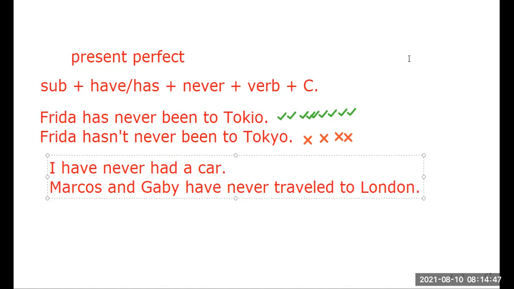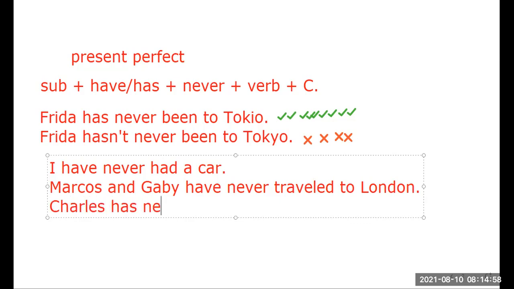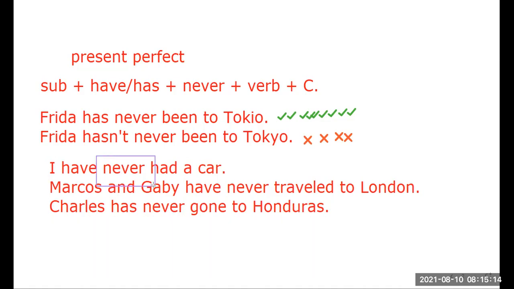Or another example. Charles has never gone to Honduras. Okay, so if you identify, we use never to say negative statements in affirmative sentences.